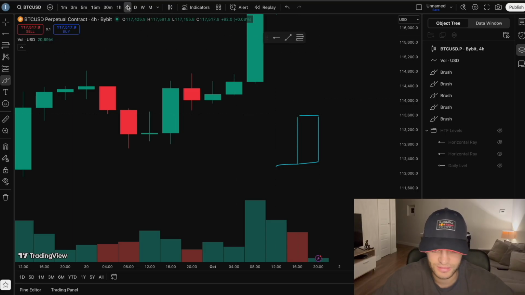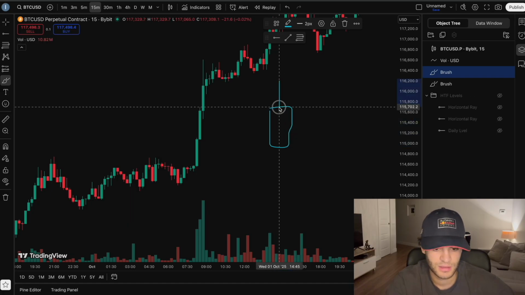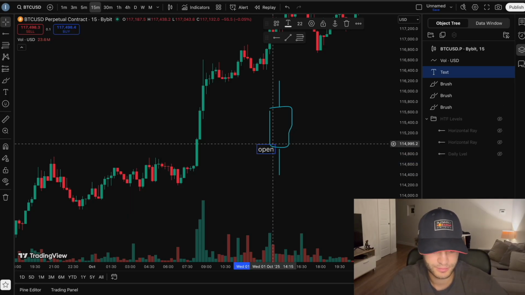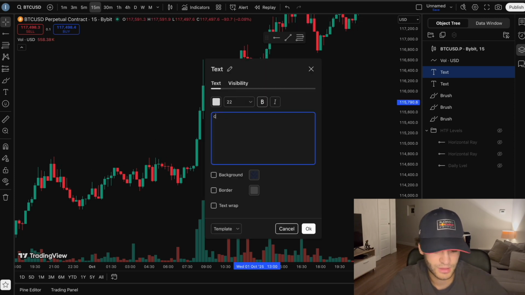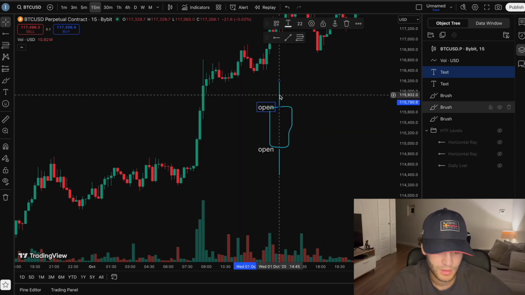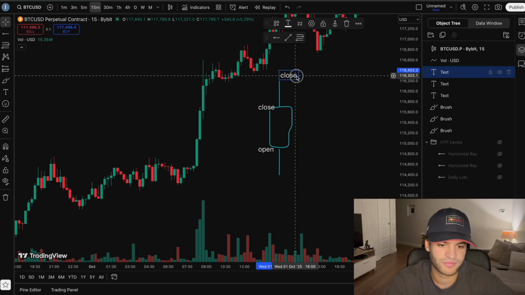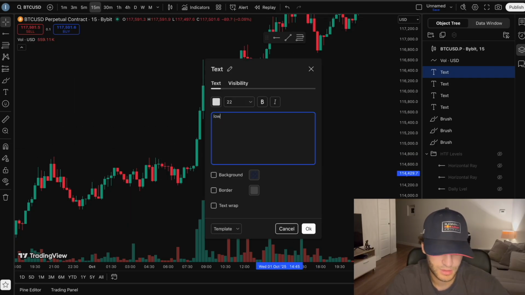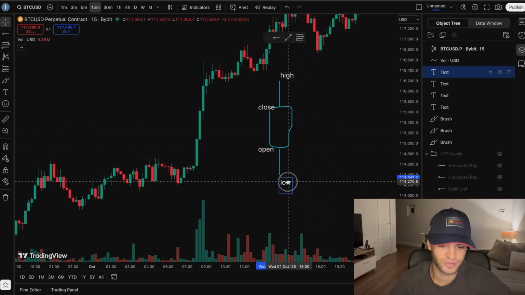All you need to know is that each candle is made like this, and it will have an open price, it will have a closing price, and it will have a high and a low. Okay, so every candle looks like this.